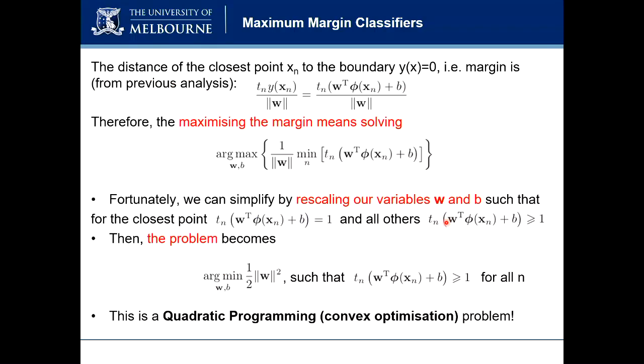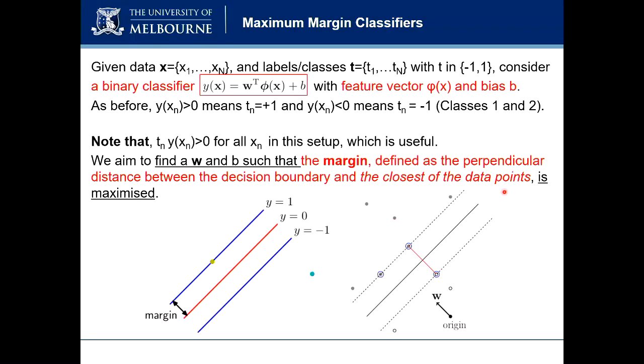Now, of course, I want to put the boundary in the middle of the closest points. I need to say this mathematically, and when I do, it turns out this is an optimization problem. And then we are happy that we learned optimization.